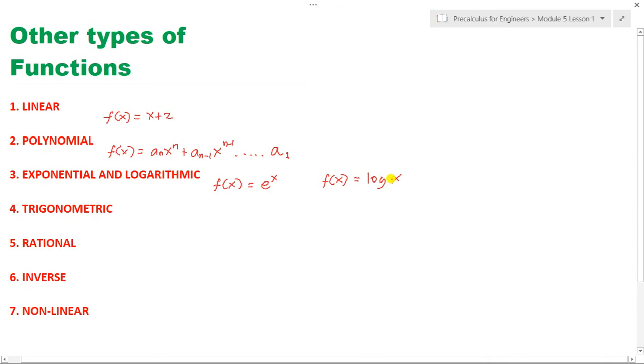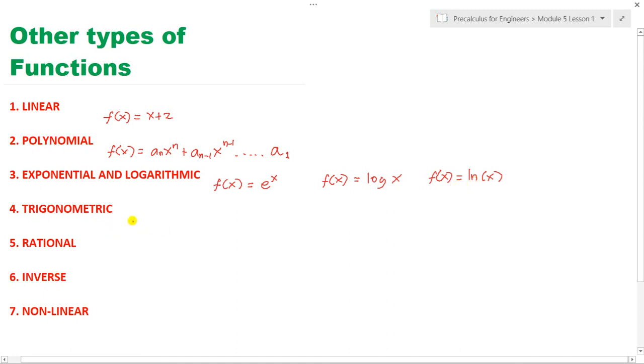So this is for logarithmic to the base 10, and we also have natural logarithm, which is f of x is equal to ln of x. So this is natural logarithm with base e.